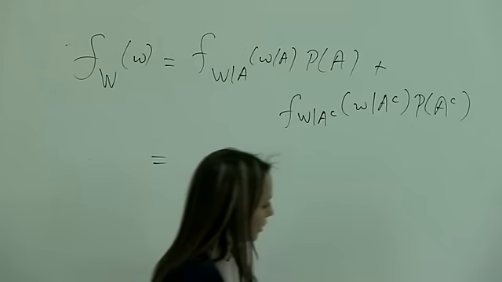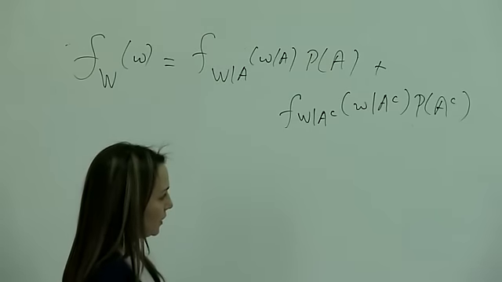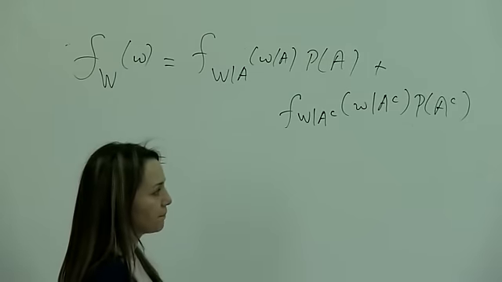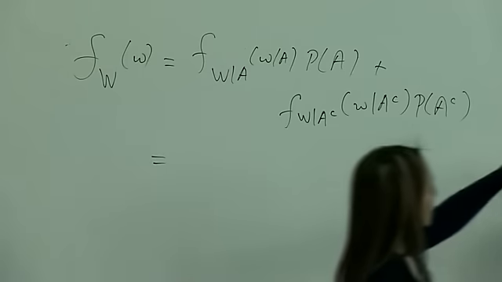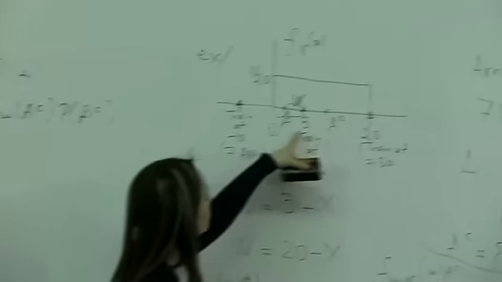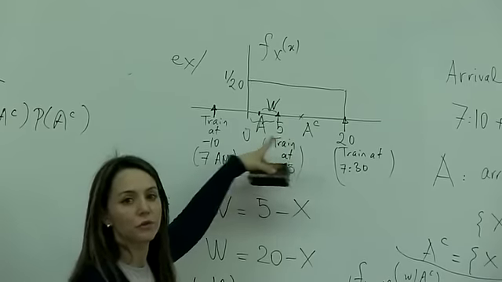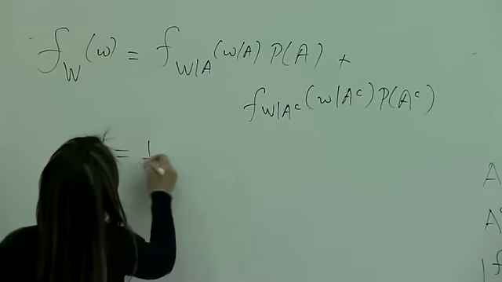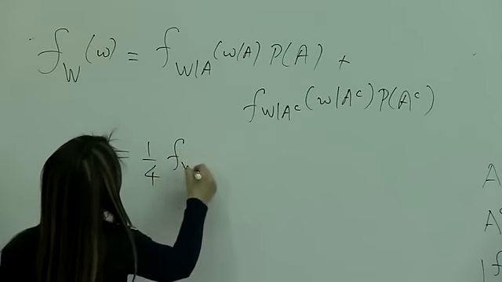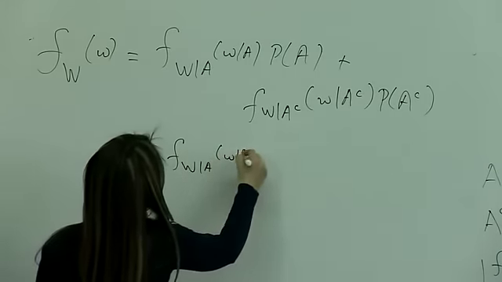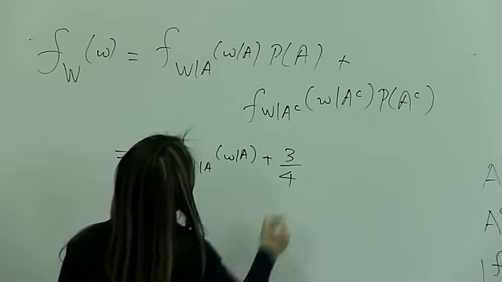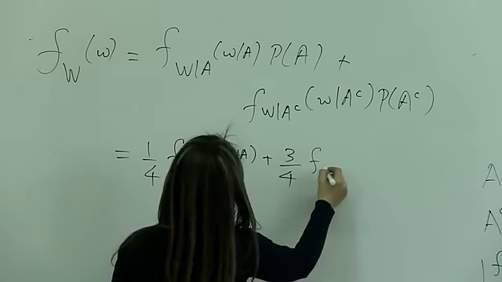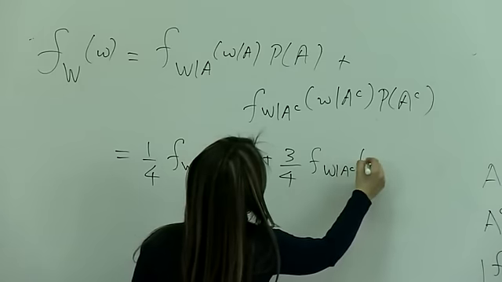So let's see. What is the probability of A? From here, A constitutes the first 1/4 of the whole region, so it's 1/4. Okay? So it's 1/4 times f W given A plus 3/4 times f W given A complement.